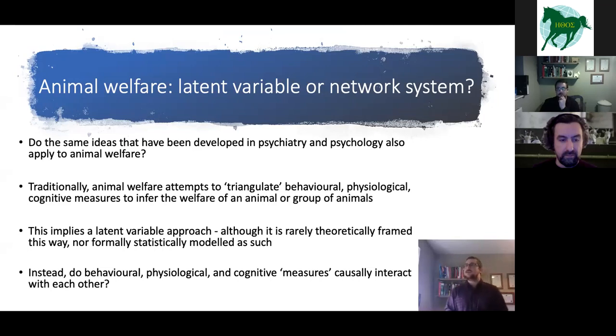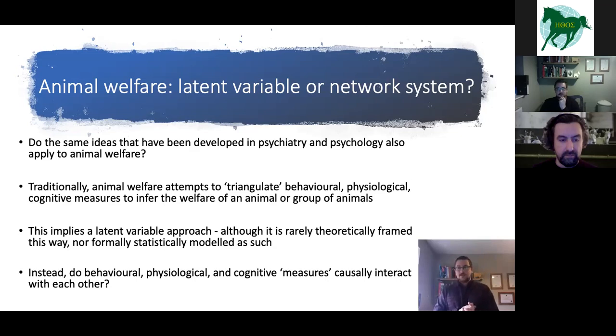However, it's less often discussed specifically what sort of framework or model we're working with. I would argue that the traditional approach implies we're dealing with a latent variable, although, at least to my knowledge, it's rarely theoretically framed that way and not formally statistically modeled that way. So perhaps there's a gap for formalizing exactly what sort of systems we're working with in animal welfare.